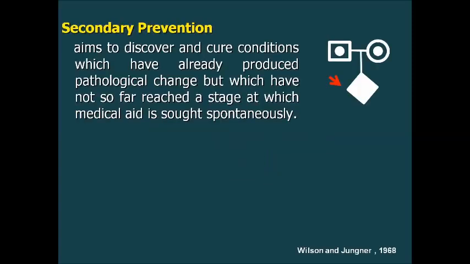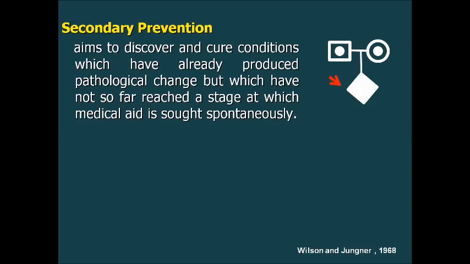But I want you to appreciate from this slide that there is a difference between secondary prevention and primary prevention, and expanded carrier screening plays a role in each of these. Secondary prevention aims to discover and cure conditions which have already produced a pathologic change, but which have not so far reached a stage at which medical aid is sought spontaneously.